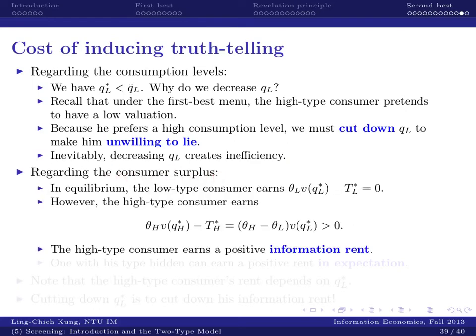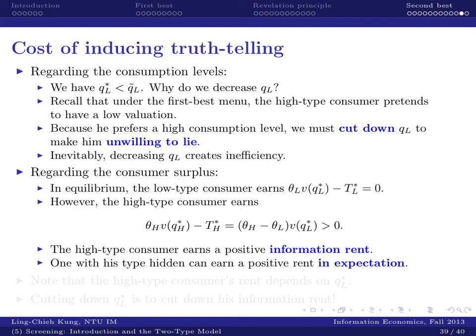So regarding consumer surplus, in equilibrium, the low type consumer will earn nothing. If you plug in everything back, you can show that the low type consumer will still get nothing. But the high type consumer can earn a positive rent, as we mentioned. And that means, because eventually when the consumer comes in, you do not know its type, with a positive probability the consumer is going to earn a positive rent.